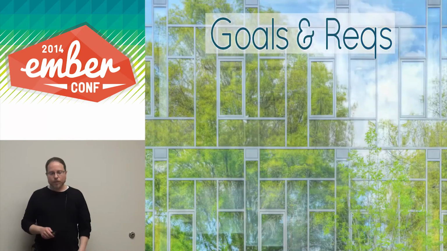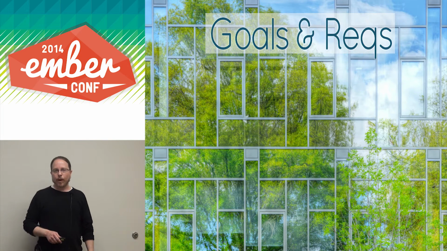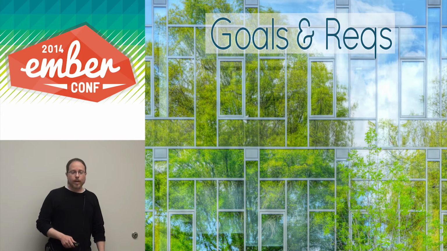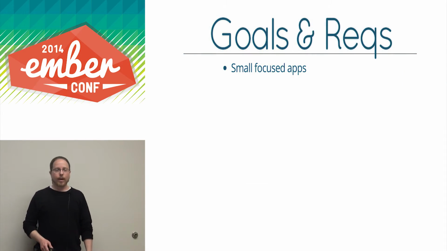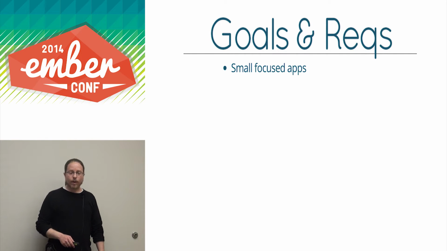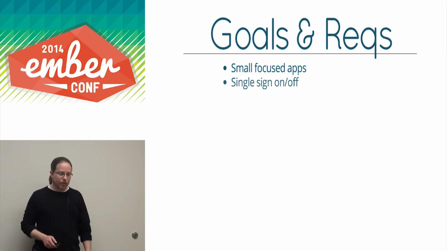So first thing we need to talk about is what are the goals and requirements of moving into an SOA environment. For me, my main goal was to have small, focused apps. I wanted to have little tiny apps that I could test well, that didn't have a lot of concerns leaking from part to part. I wanted to have single sign-on and single sign-off for users, and I wanted to minimize code duplication.